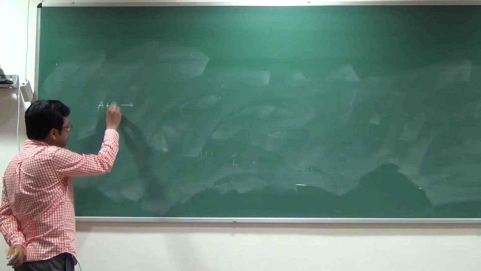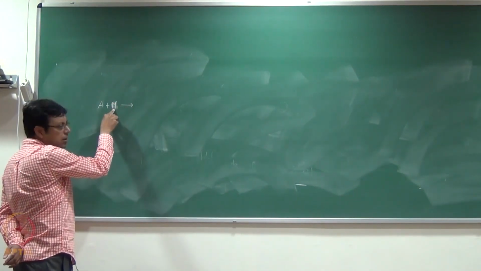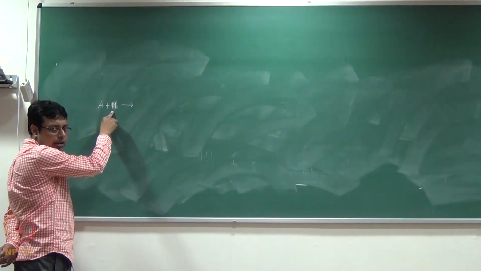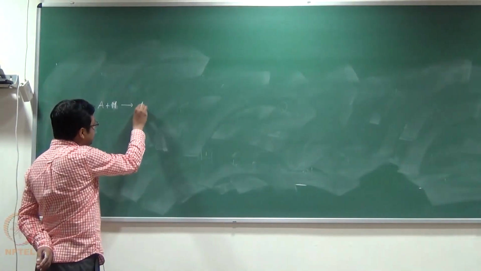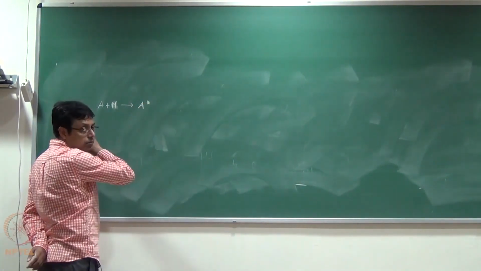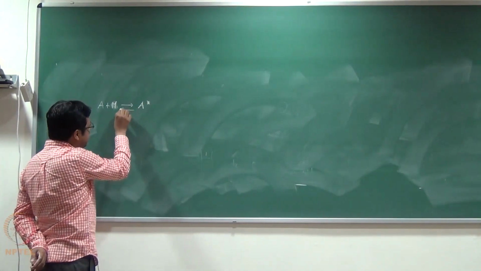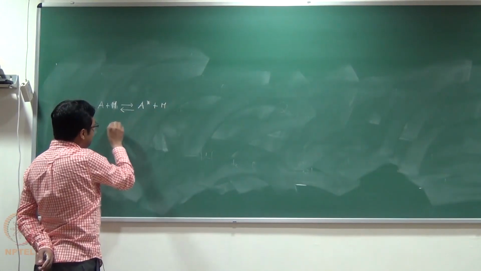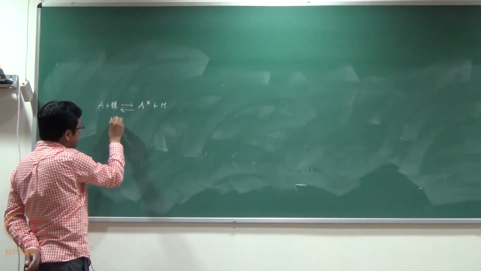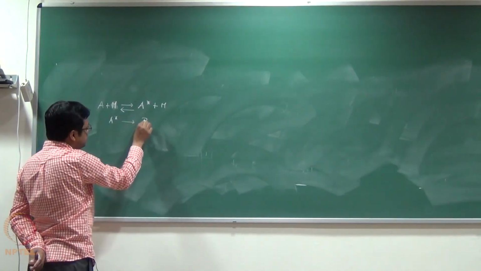Which is basically A to product. But this M is a second body, which can be another A molecule, or the wall of the container. And due to this collision, we have an energized molecule. There can be a deactivation collision, and once in a while, this A star actually gives you a product.